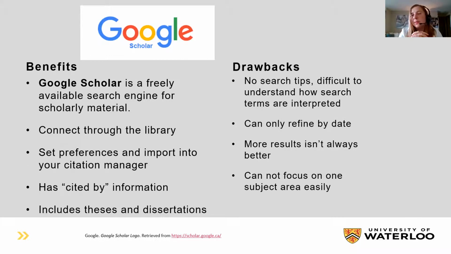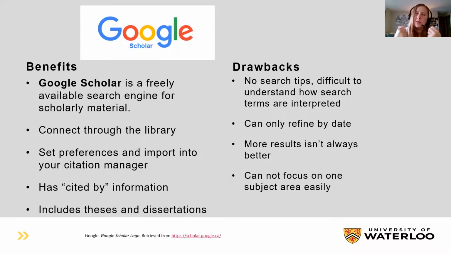But there are some pretty big drawbacks to using Google Scholar to look up existing literature. There's not a whole lot of search tips. It's quite difficult to understand how search terms are actually interpreted by Google Scholar, mainly because it's proprietary software. Google purposely keeps the algorithms that actually run these searches proprietary information, and they don't release that.